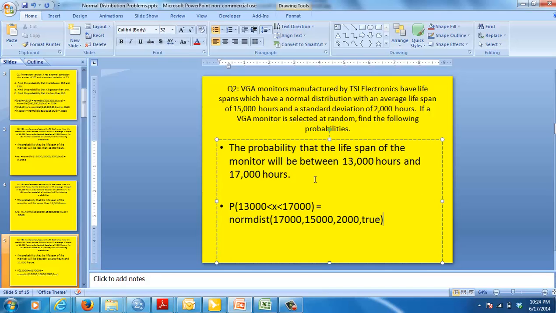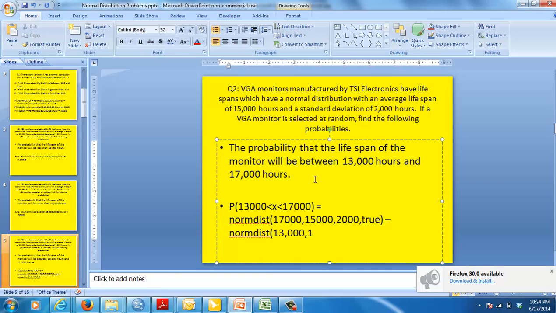That's everything that's less than it, minus NORM.DIST, 13,000, 15,000, 2,000, and true.